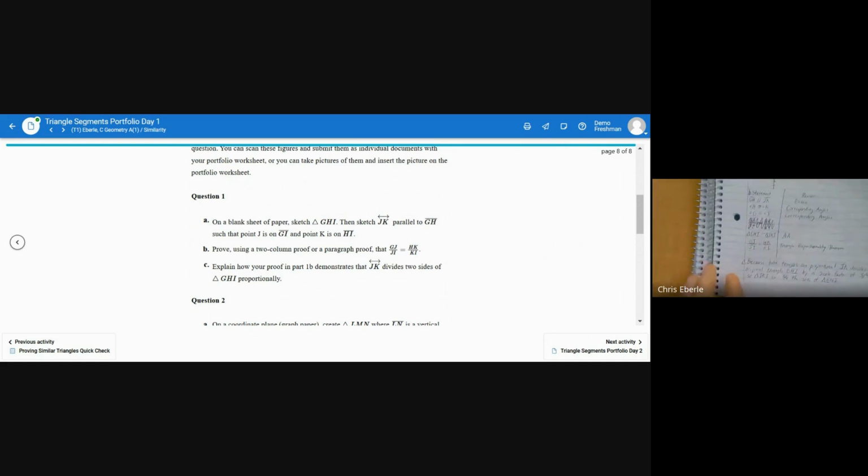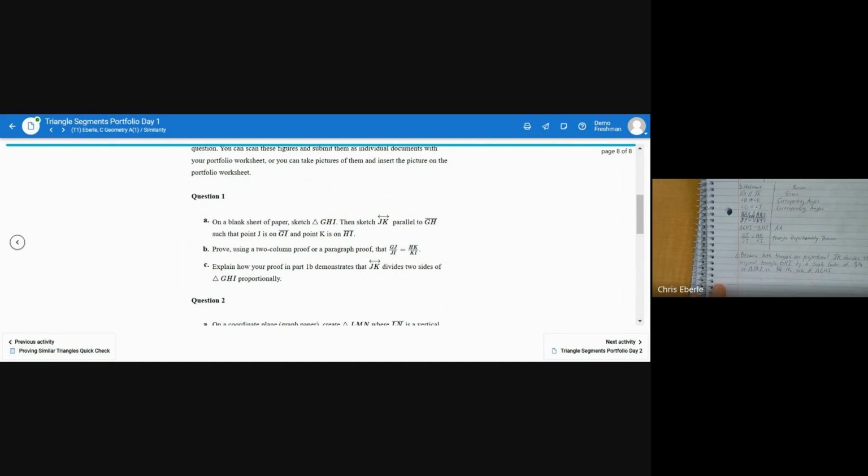Where did I get most of this information? From the actual lesson. I just copied down a lot of the stuff from the actual lesson with regards to my 2-column proof. And I don't care if it's a paragraph proof or 2-column proof, either one is fine with me.